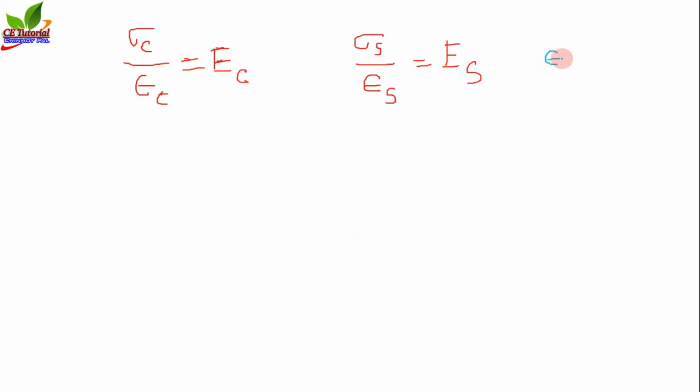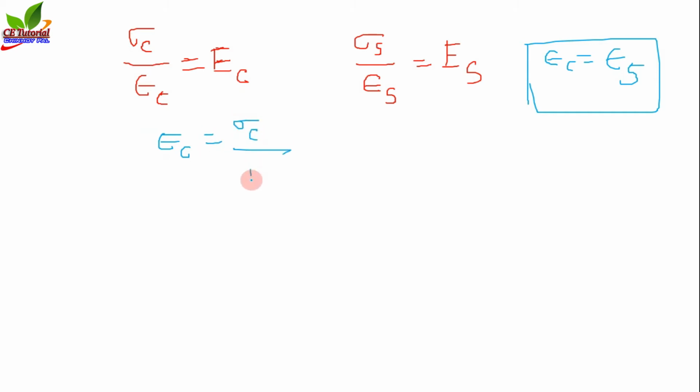That means epsilon C equals epsilon S. We assume this phenomenon, so that's why we can say that epsilon C equals sigma C by EC, and epsilon S equals sigma S by ES.